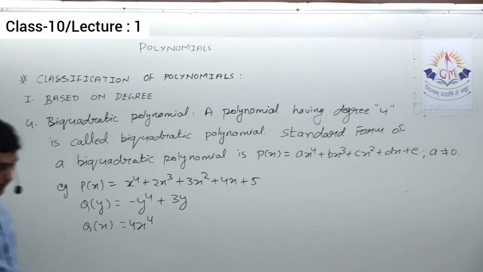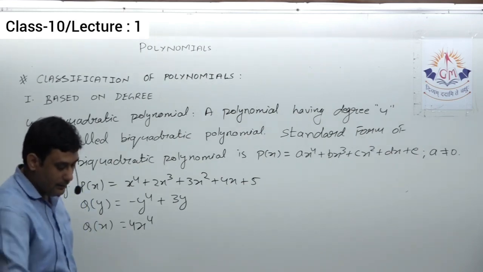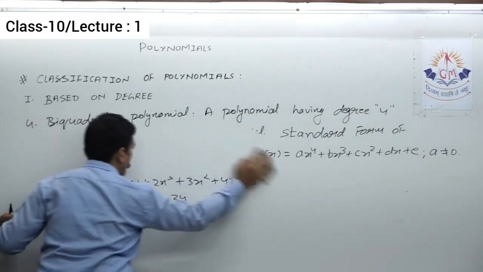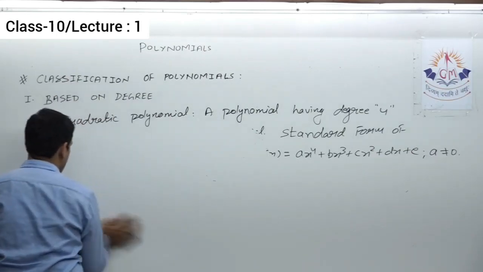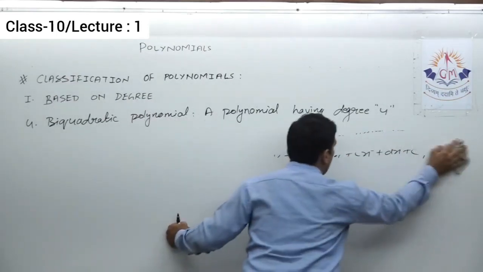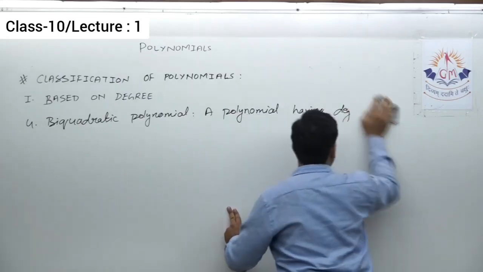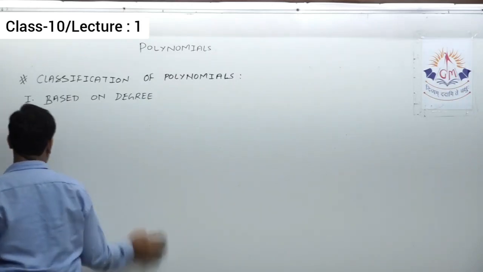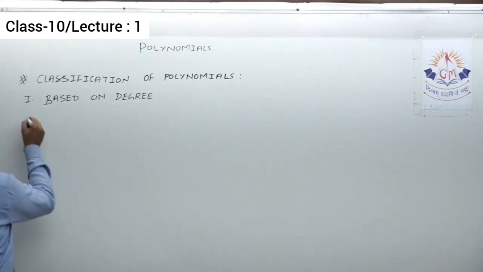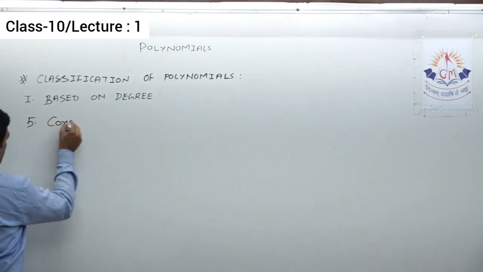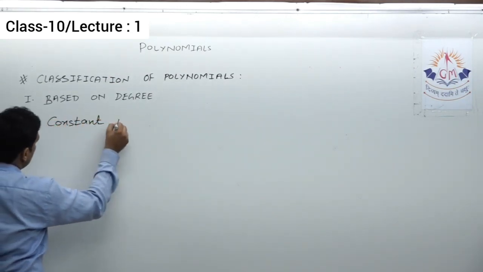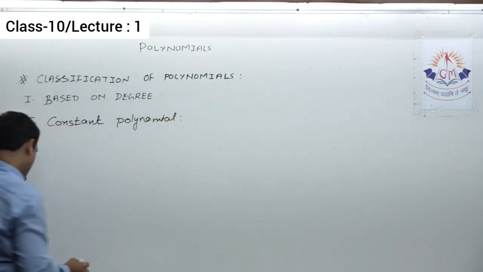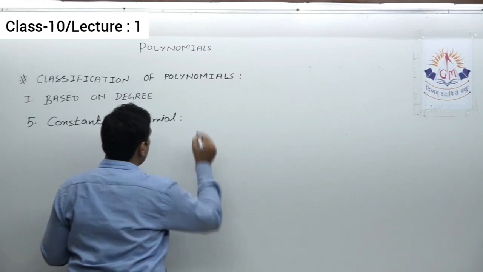Okay, after this biquadratic polynomial, next we will see the constant polynomial. Constant polynomial: a polynomial having degree 0.